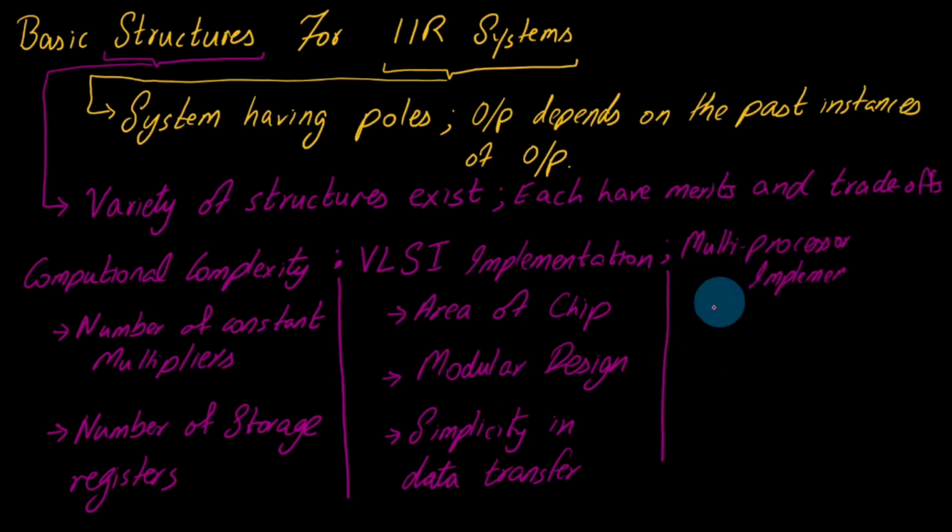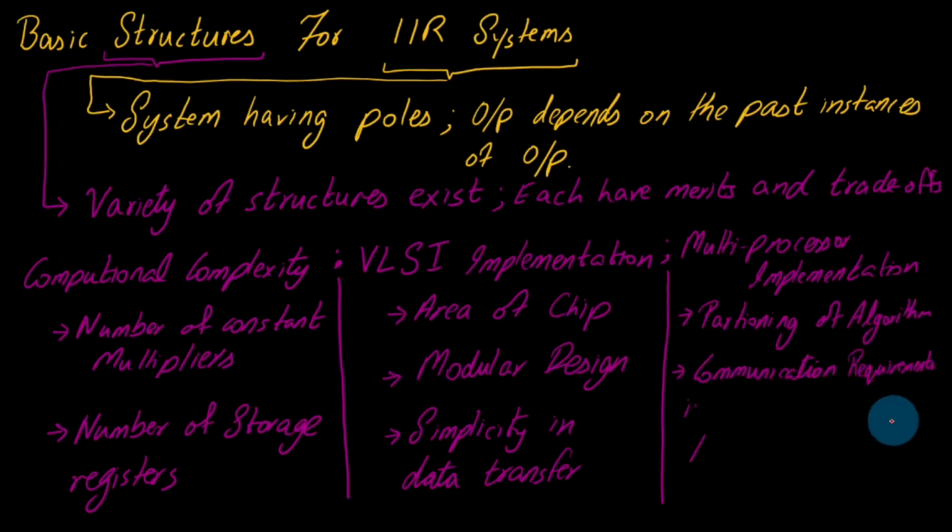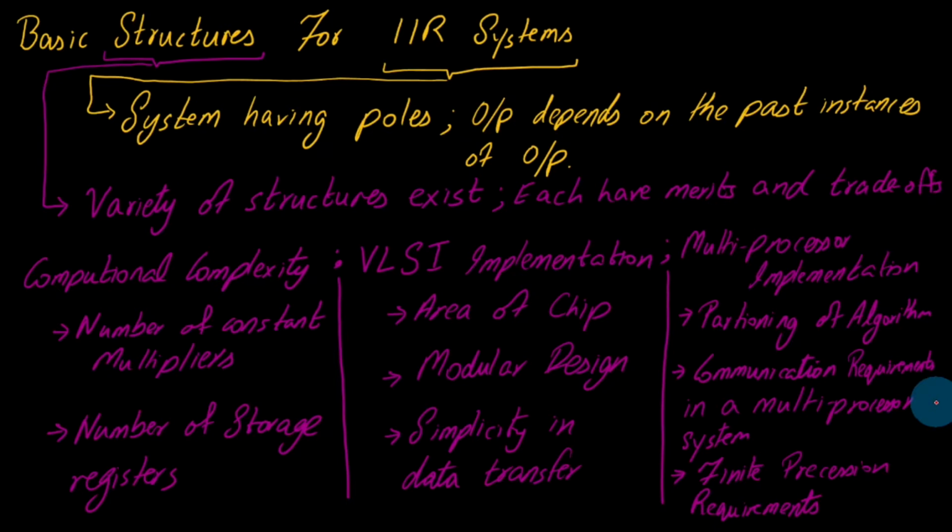Furthermore, there are multiprocessor implementations, which look into the partitioning of the algorithm and some communication requirements in multiprocessor systems. And lastly, you would have to consider finite precision requirements, that is in terms of floating point and fixed point schemes, and the quantization noise that you need to minimize.